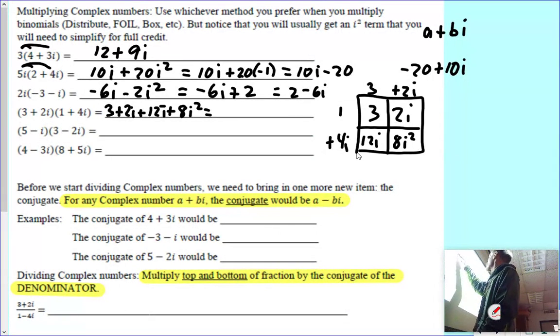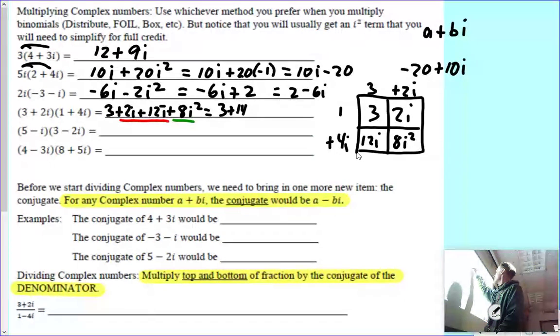And remember, these two, 2i plus 12i, those are like terms, so I can just combine those. And this, remember, is equal to negative 8. So really what I have is 3 plus 14i minus 8. But now I can add 3 and the negative 8, so my final answer is negative 5 plus 14i.